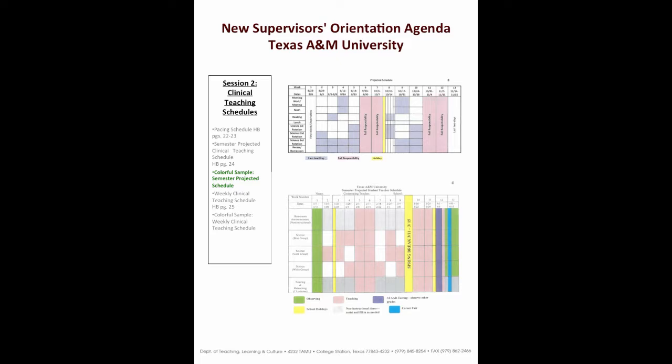Both charts are shaded in to indicate the subjects or blocks of time where the clinical teachers will be responsible for lesson plans and instruction. A color-coded key is at the bottom of each projected schedule. In these examples, you're able to see what the clinical teacher's responsibilities are and that they are beginning in week 2.